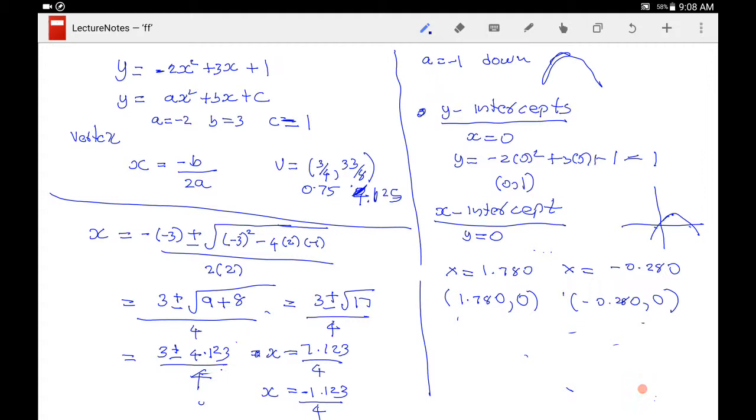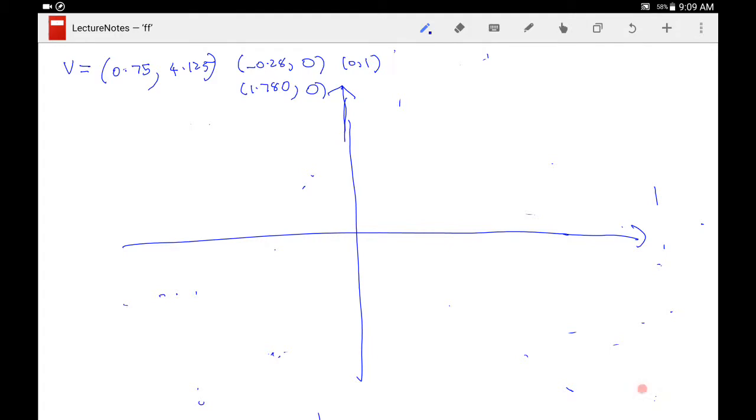Now we will go ahead and draw the graph. I pick the x coordinates and the y coordinates. It's going down, so I pick this one.